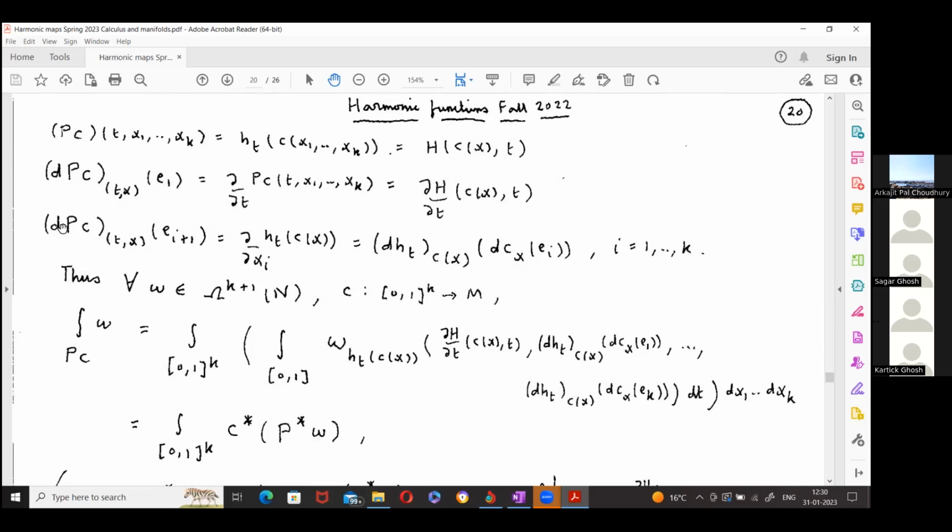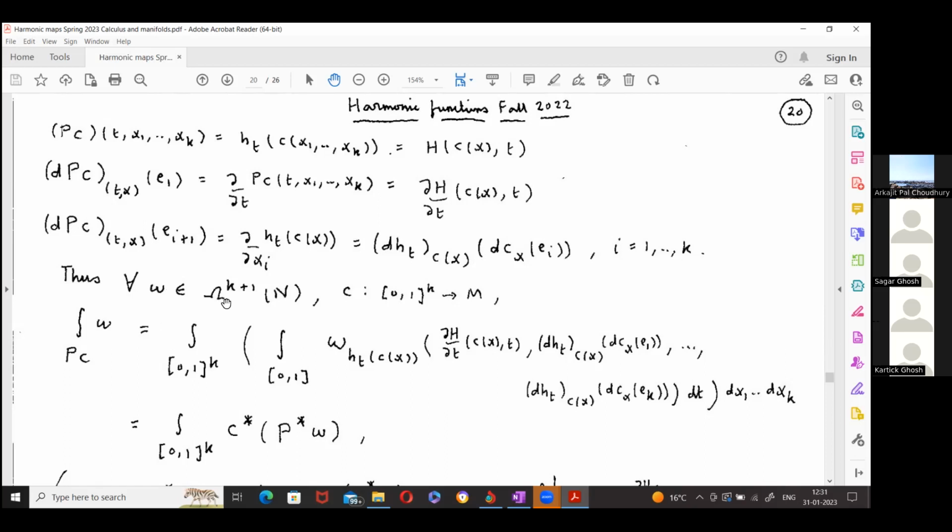And the derivative of Pc applied to e_{i+1} will be the partial in x_i of H_t(c(x)). By the chain rule, that will be dH_t at c(x) applied to dc(x) of e_i, where i goes from 1 to k.